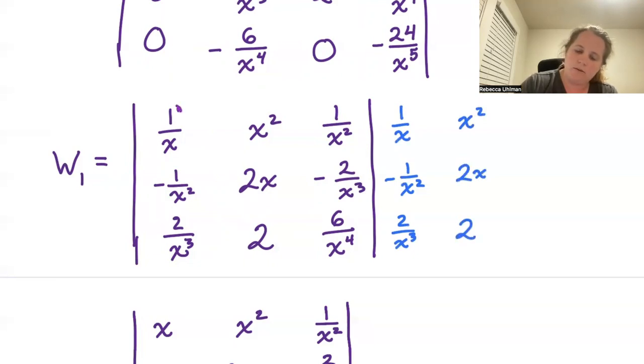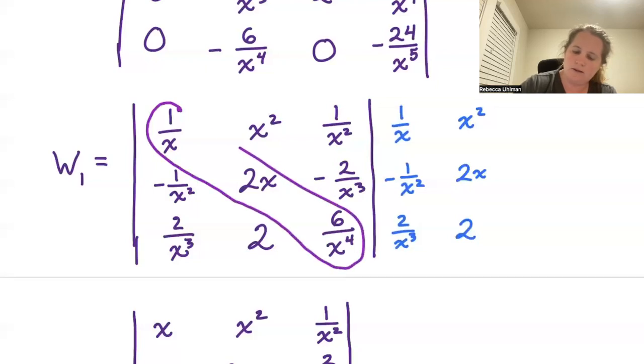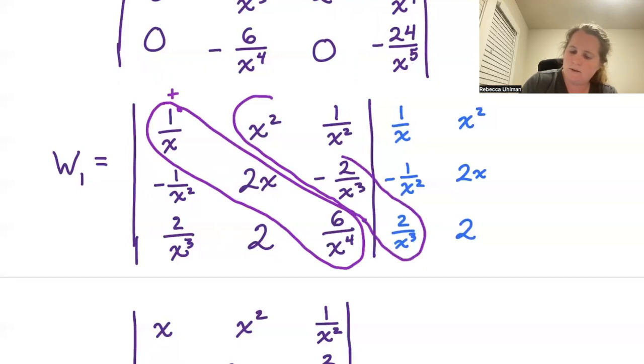So we'll have a positive 1 over x times 2x times 6 over x to the 4th. We'll have a positive x squared times negative 2 over x cubed times 2 over x cubed.